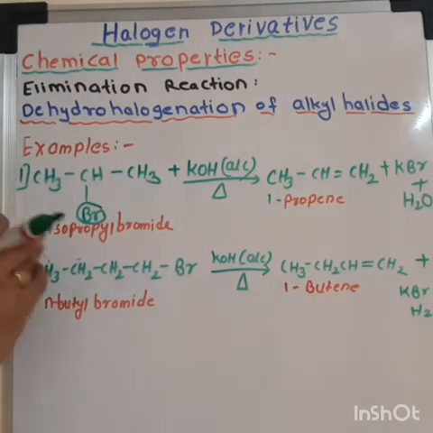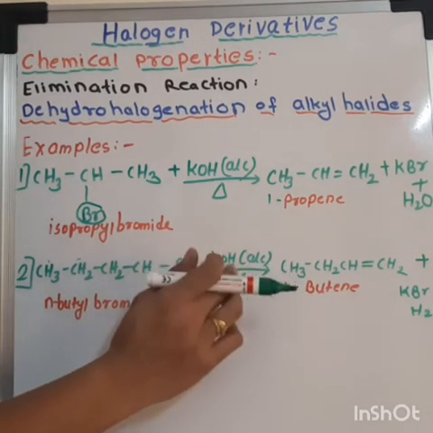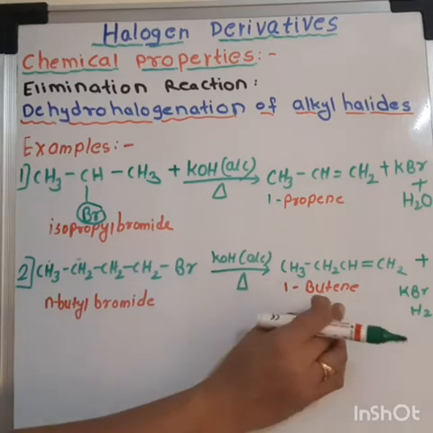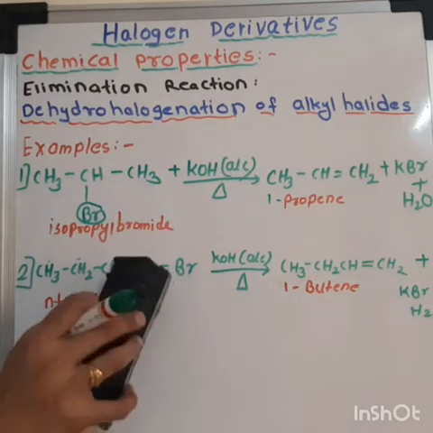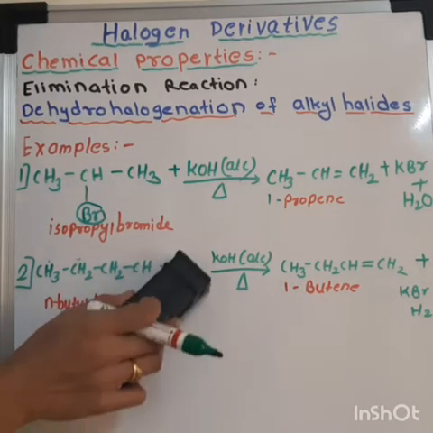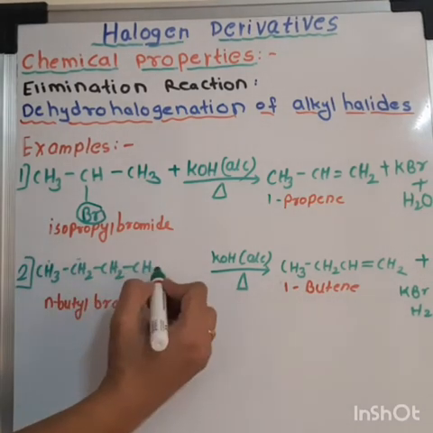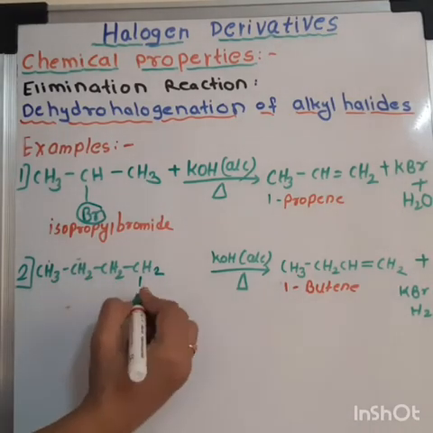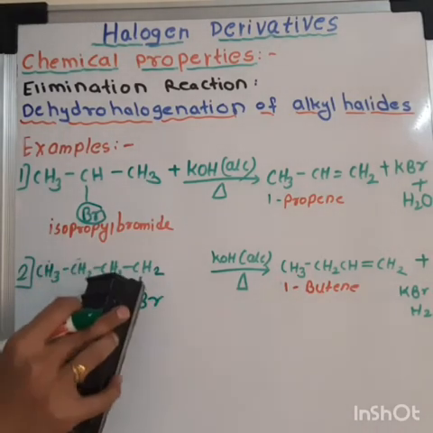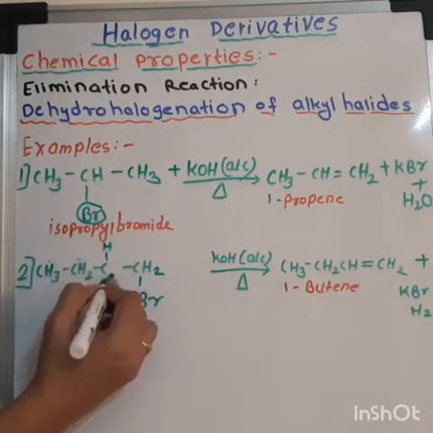Let's see the next reaction. N-butyl bromide, when boiled with alcoholic KOH, will yield the product 1-butene plus KBr plus H2O as the byproduct. So we can write this N-butyl bromide with Br and these hydrogen atoms like this.